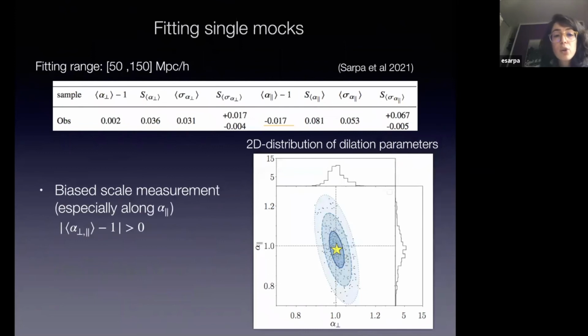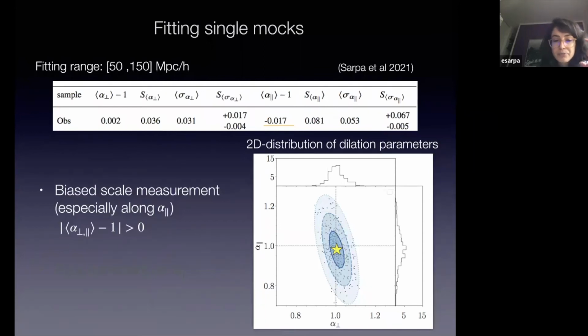So if we fit the single mocks of the SDSS, we estimate for each mock alpha parallel and alpha perpendicular. What we obtain here is the plot on the bottom right, which is the distribution of the dilation parameters obtained from single mocks. And what we see is that we have, again, a poor constraint on sigma parallel.